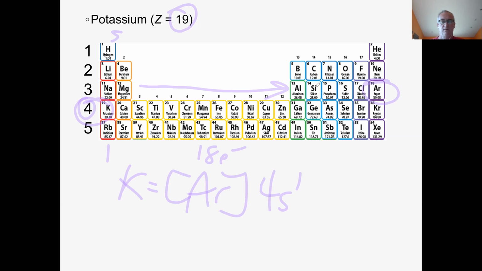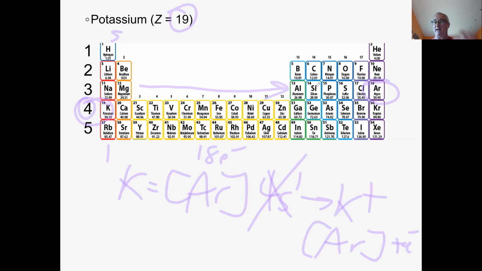To lose the electron. Just dump it. So it becomes potassium ion, which now has this noble gas configuration, and it loses that electron. It gets rid of it.